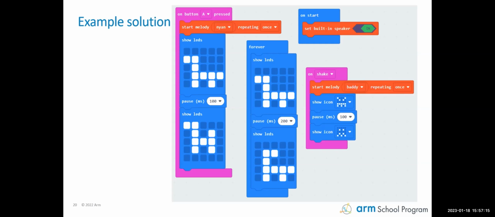Next is how do you make it happy? When you're pressing a button, so we've got the on button A pressed on the left hand side, that first of all triggers some noise. It plays the nyan sound once, and then you can see from the animation, whilst it looks similar, the first frame is exactly the same as the default state. The pause between is half as long, only 100 milliseconds, so a tenth of a second.